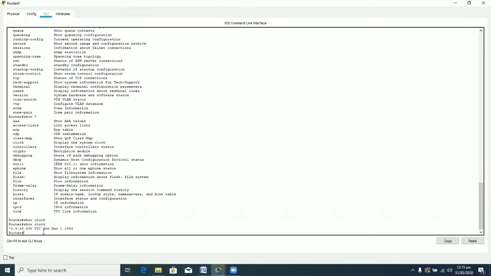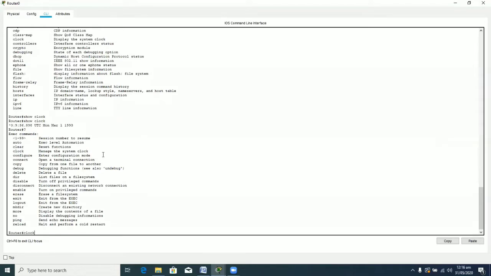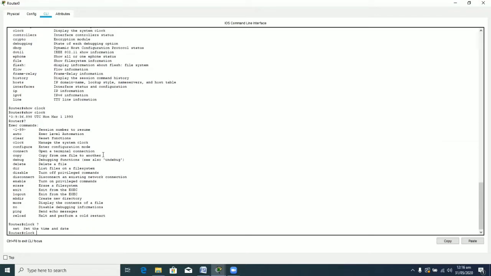If you want to set your clock, then check at this enable mode whether there is a command available for this particular purpose. I have typed the help feature, and there you have the clock command, to manage the system clock. So I am simply typing clock, and after clock, if you don't know the keyword or the complete command, then again the help feature will help you.